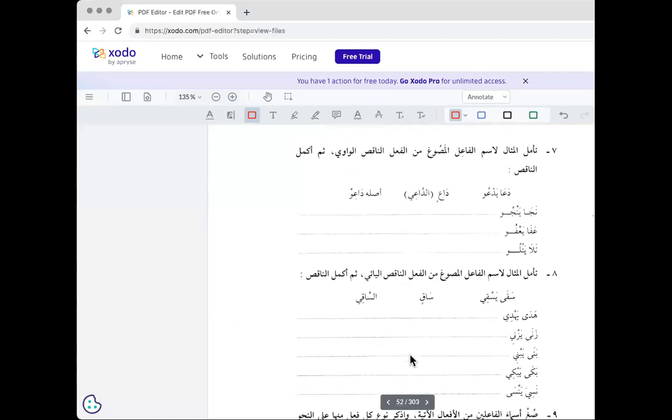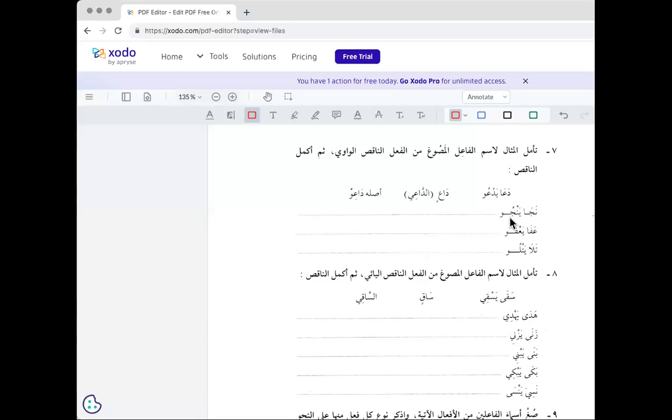Can you see the two examples on the screen? A naqis al-wawi, like da'a, yad'u. So the waw is the last letter as well, that's the asl. Or al-naqis al-ya'i, saqa yasqi, when you give someone something to drink.